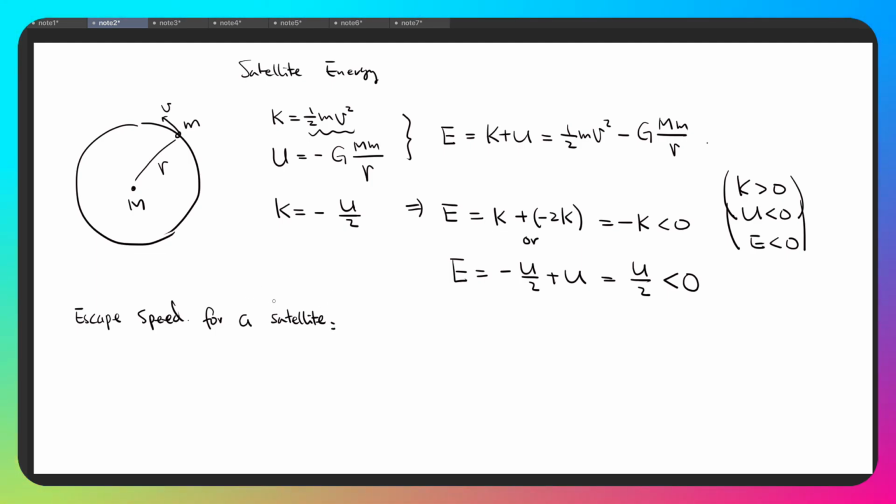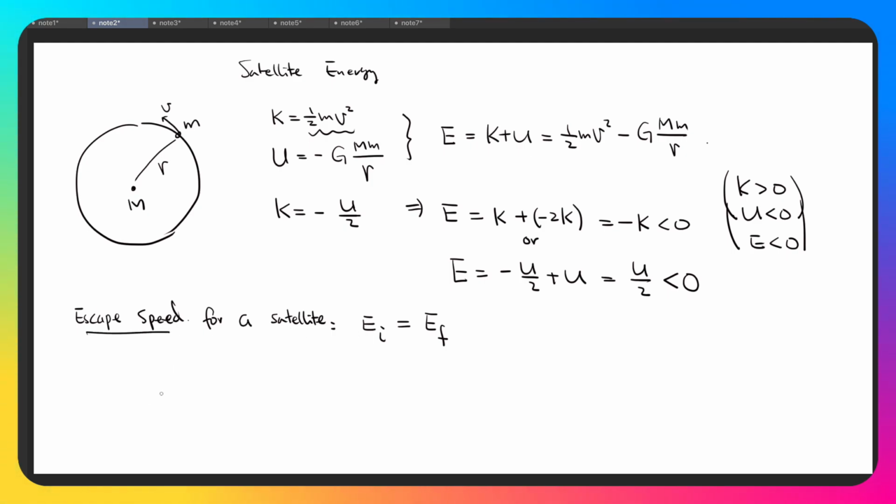So if I want to send a satellite out of the Earth's surface, out of the control of the gravity of the Earth, then what should I do? So we need to use energy conservation, and we pick one initial position, and then that equals a final position, and then we think about the speed requirement for doing that.